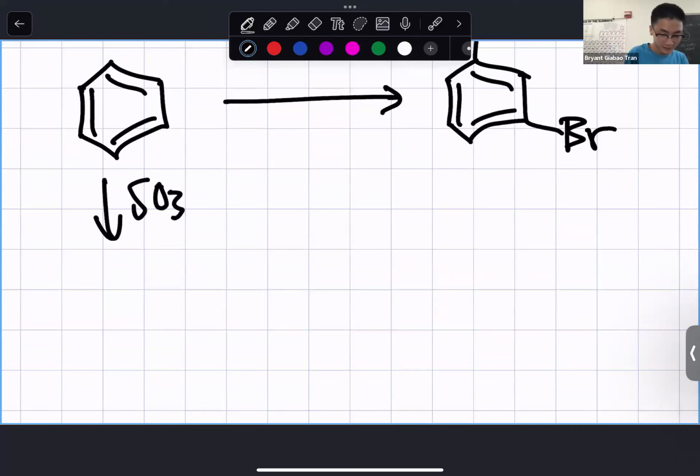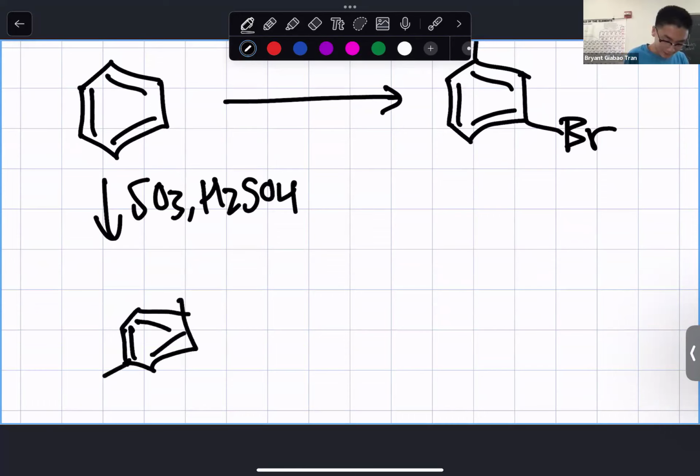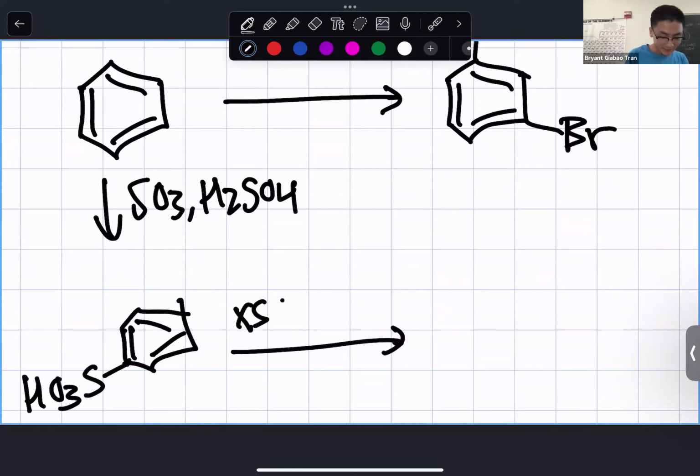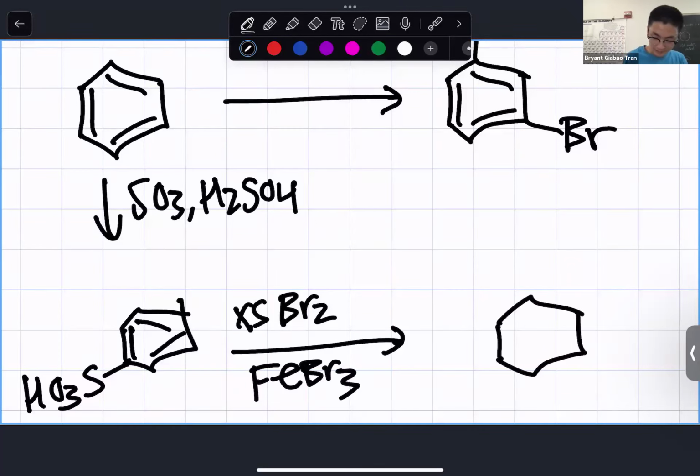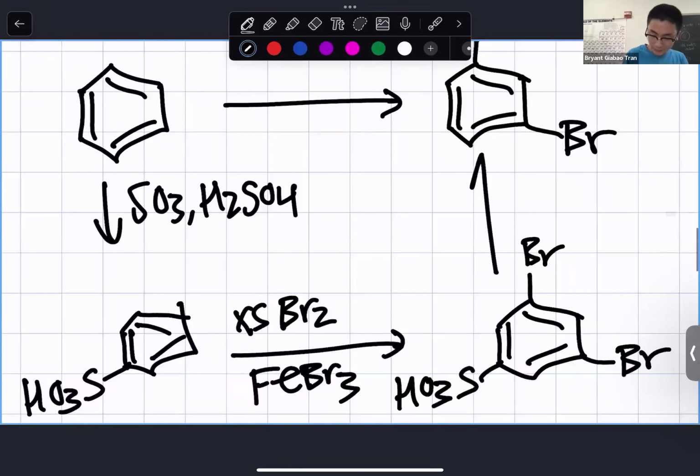They did sulfonation, which will add a sulfonate group to that carbon here, right? And we know that's a meta director. And then you could say excess Br2 FeBr3, which will add bromines meta to that sulfonate group. And then we could get rid of that sulfonate group by using acid, H3O plus, and heat, or H2SO4 and heat, right?